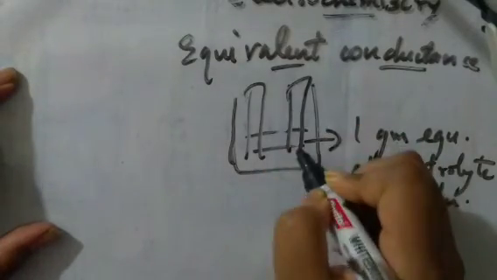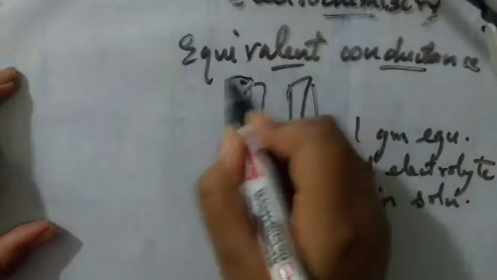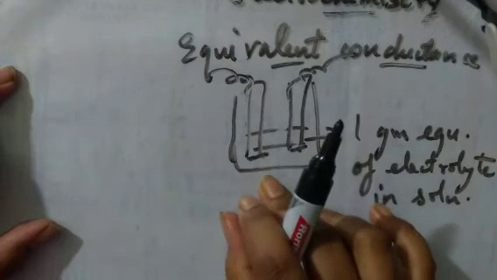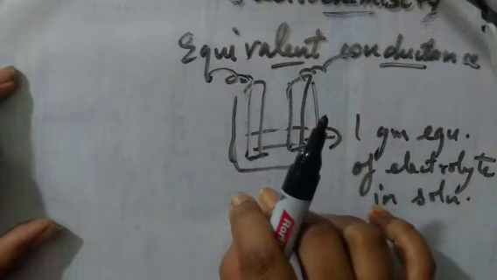Electrodes are placed at a distance of 1 centimeter apart, and a potential difference is applied. Now movement of ions takes place, and conduction occurs.